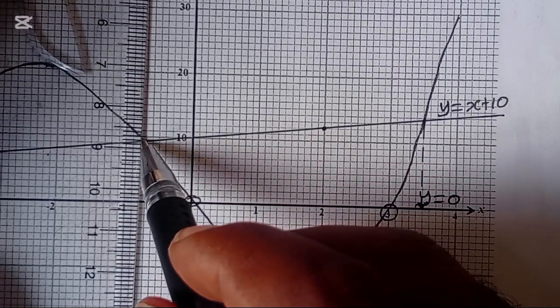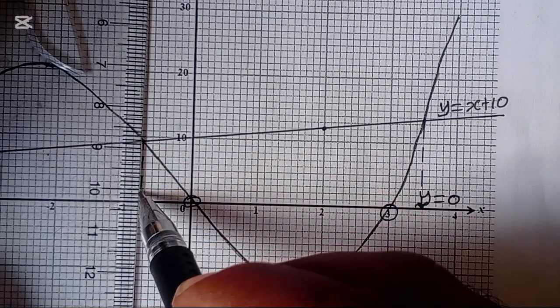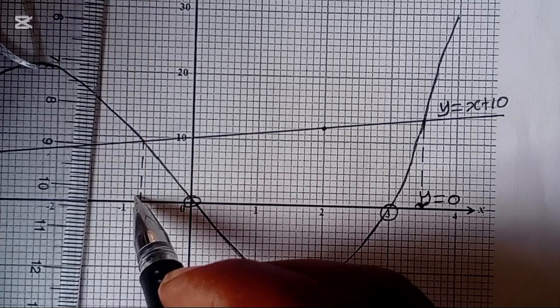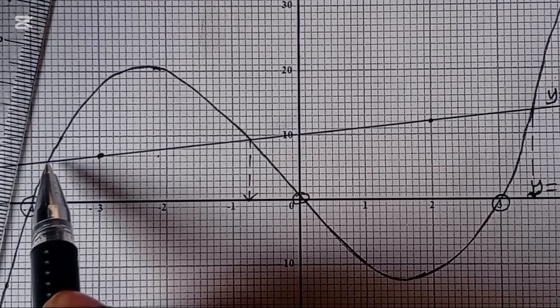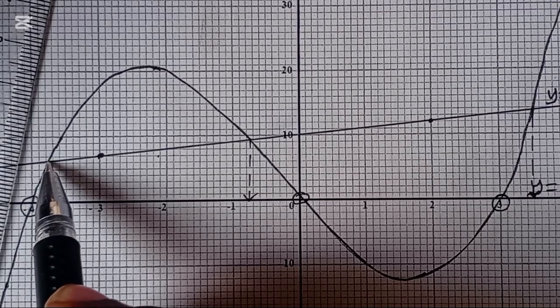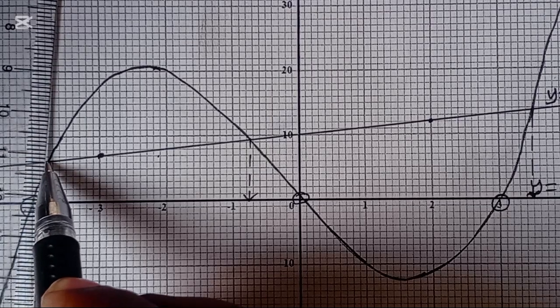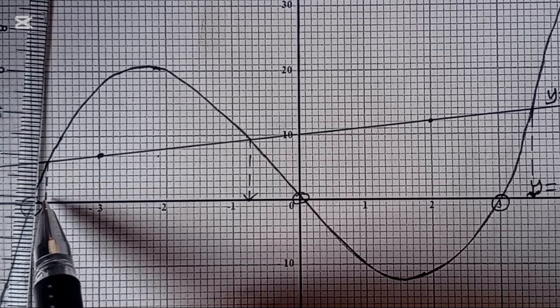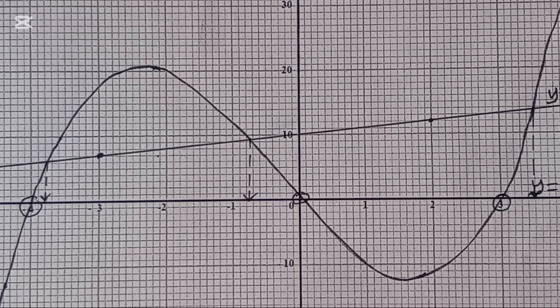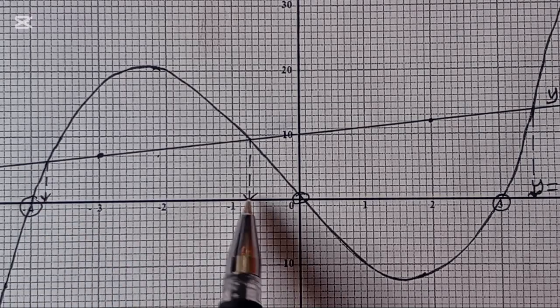At the middle of the small box there. It is also intersecting at this point. So this is where our 3 values of x will come from, here, here, and here.